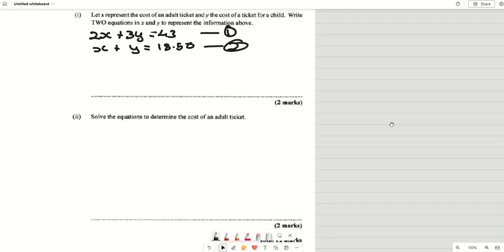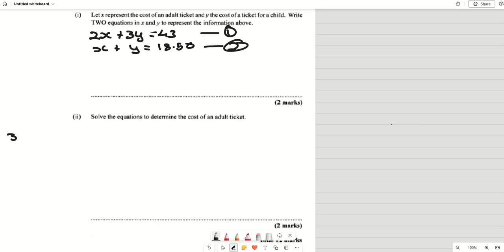Solve the equation to determine the cost of an adult. Right? So we are going to basically solve this simultaneous equation. And you can use whichever method you want, but for this one, because I'm seeing x or y, the coefficient is 1, I'm going to use the substitution method, not the elimination method, right?